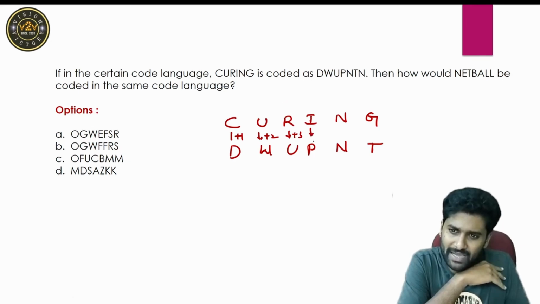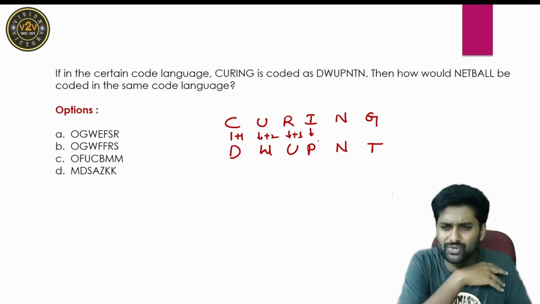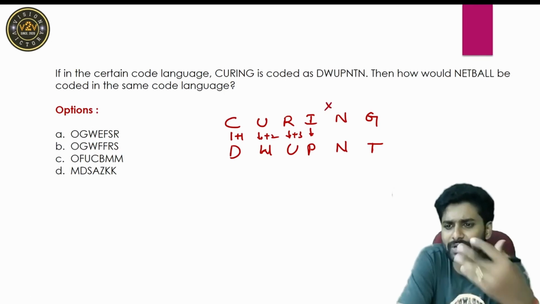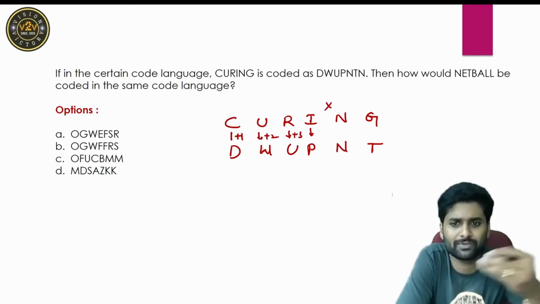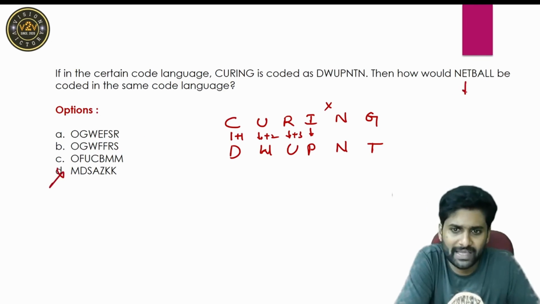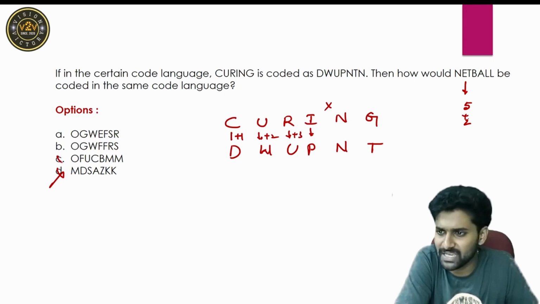Next one, I think it missed something. It's not exact, but okay, you should understand that there is something missing in this question. So you should understand that there is an increasing order, +1, +2, +3. So N is the 14th letter, 14 + 1, 15th letter, it starts from O. Next one, E is the 5th letter, 5 + 2 is equal to the 7th letter, it must be G, eliminate C.